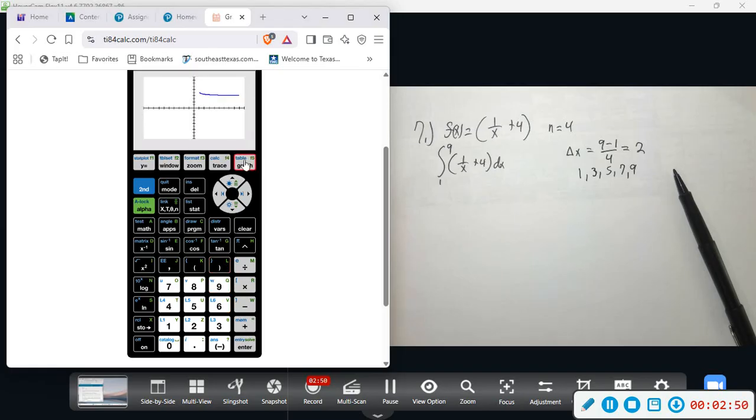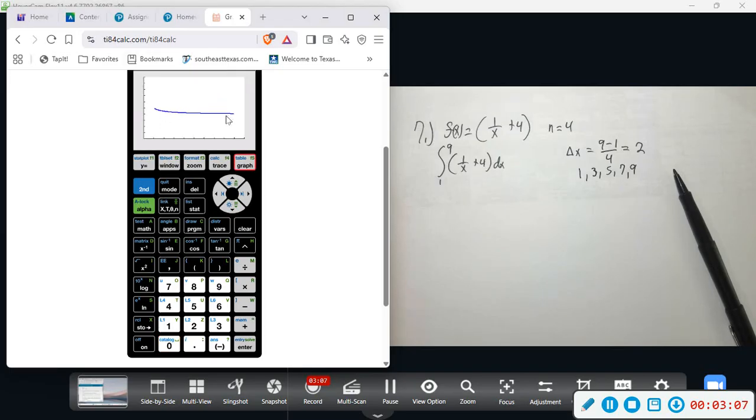All right, we graph it. We get this piece. Let's change the window to where we're only looking at the first quadrant. So we'll make the x minimum 0 and the y minimum 0. Okay, so we just get this piece of the graph.